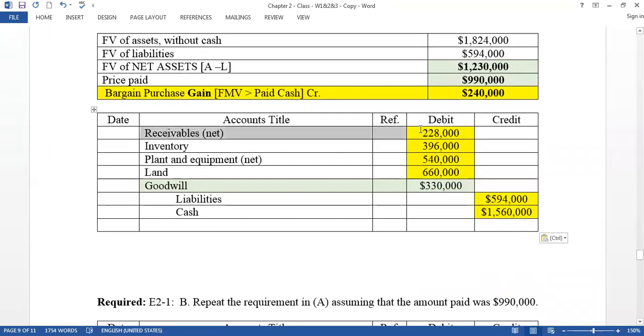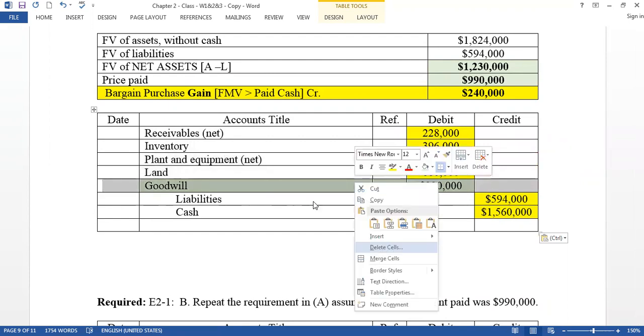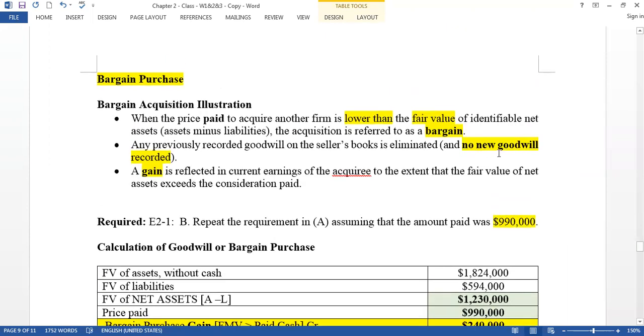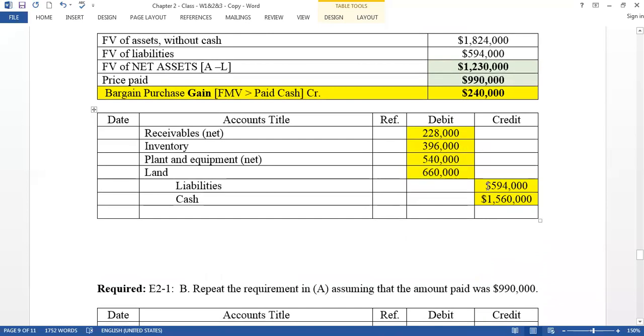So we buy their assets, right? We buy their receivables, we buy their inventory, we buy their plant assets, we buy their land, and we are not going to record any goodwill. Because if there is a bargain purchase option, we should not have any goodwill, right? So I deleted the goodwill. I buy the liabilities, and how much cash did I pay? I paid $990,000 cash.